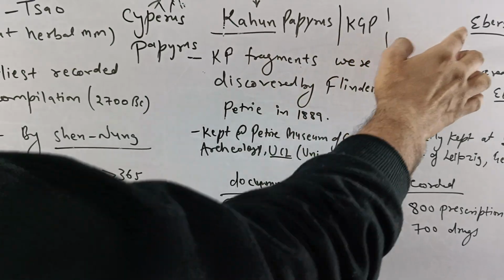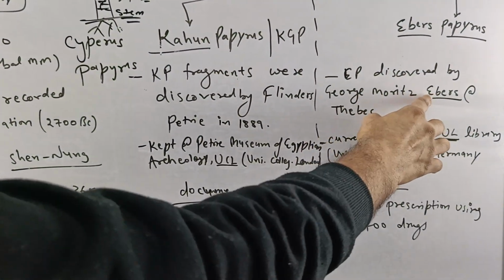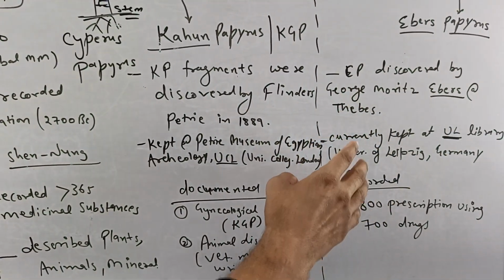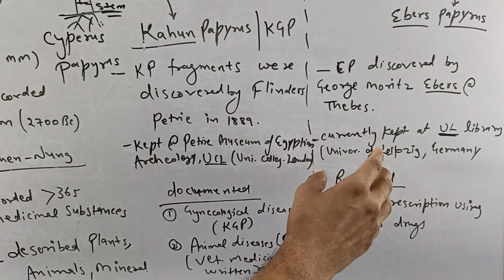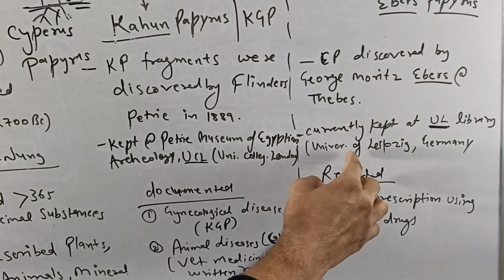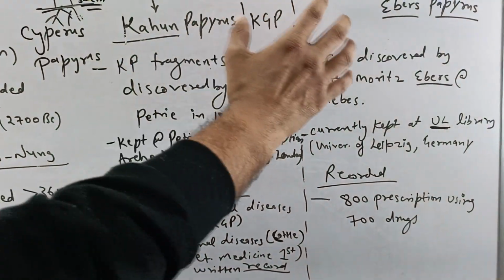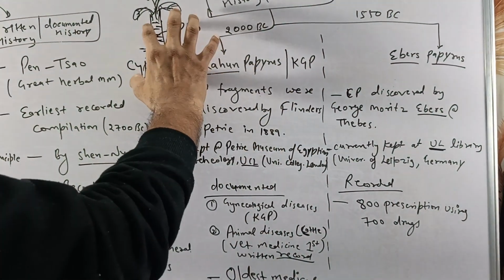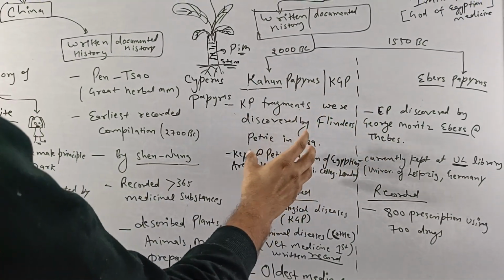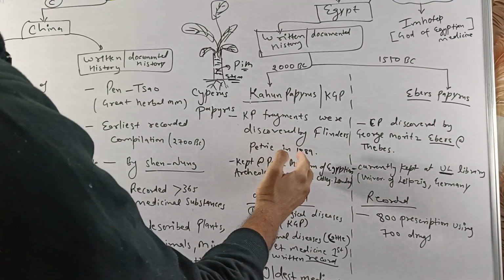Similarly, the Ebers papyrus was discovered by George Moritz Ebers at Thebes. Currently, this paper is preserved at the University of Leipzig Library in Germany. So this is the history of these two papers: from where they are derived, the discovery time, and where they are kept at present.